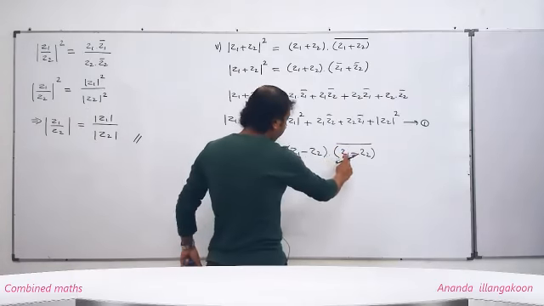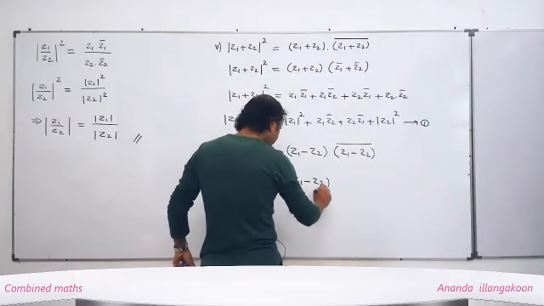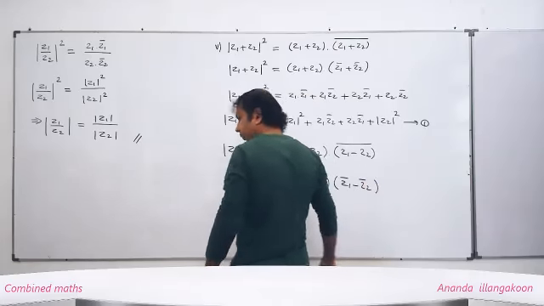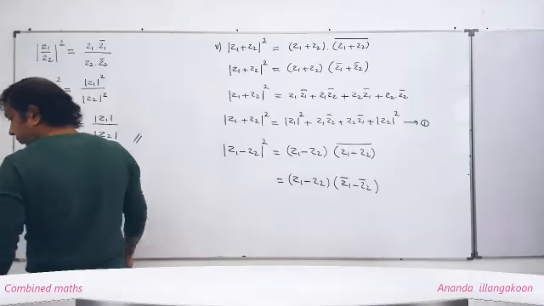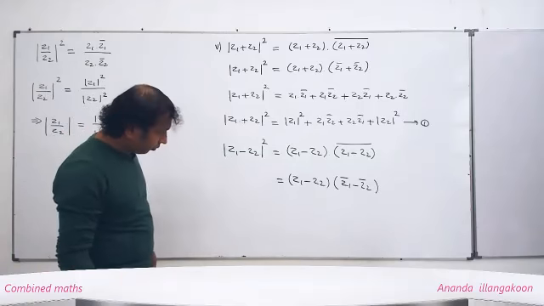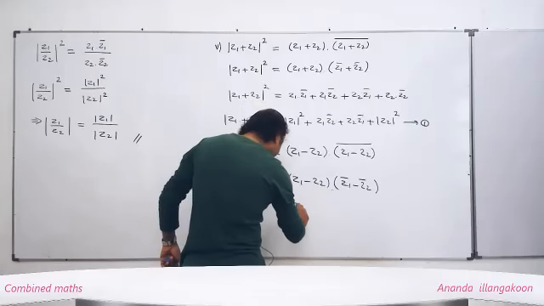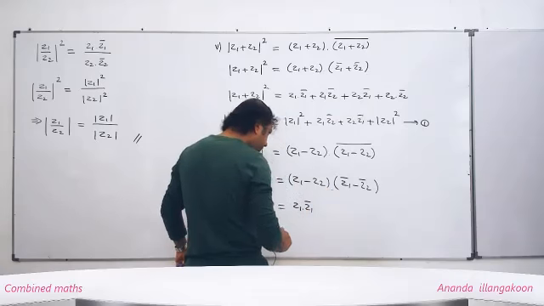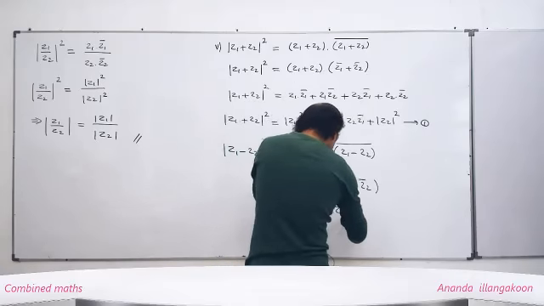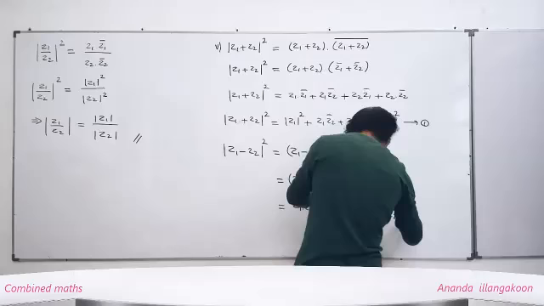Then this conjugate we can apply on each of these. Now we multiply: Z1 into Z1 bar, minus Z1 into Z2 bar, minus Z2 into Z1 bar, plus Z2 into Z2 bar.